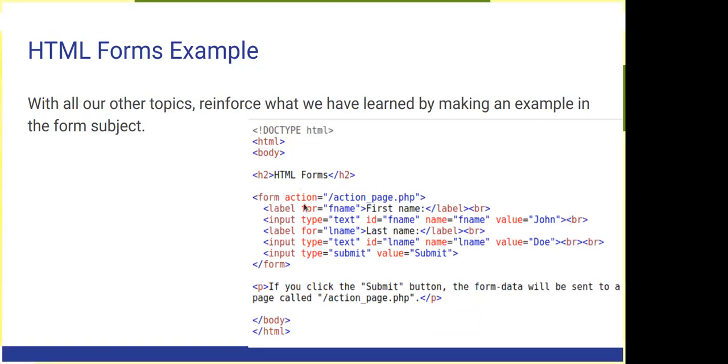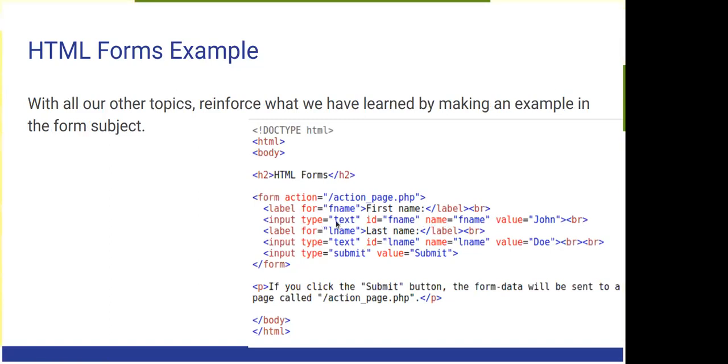You can refer to the label for f name, which means this label is for this input. So it should match with the name property. The label's for property value should match with the input's name property value.